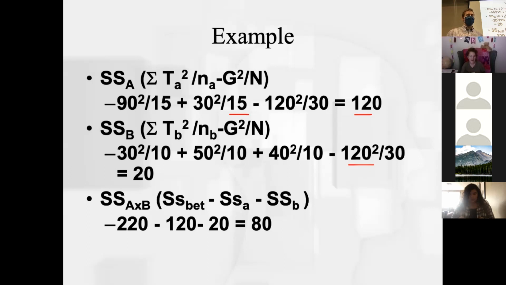And that gives us a sum of squares for the interaction of A and B of 80. Questions so far? Everybody feeling pretty good about it? Pretty straightforward. It's just more work.